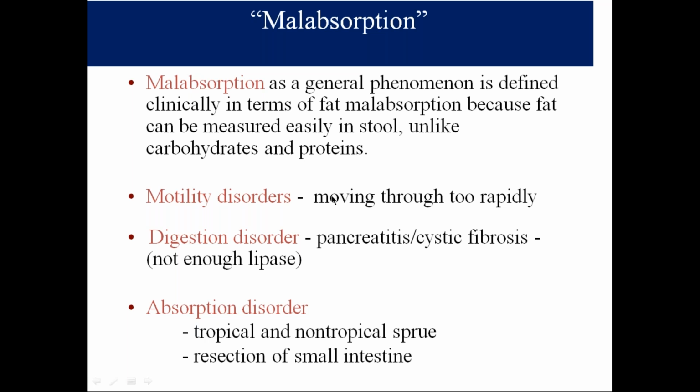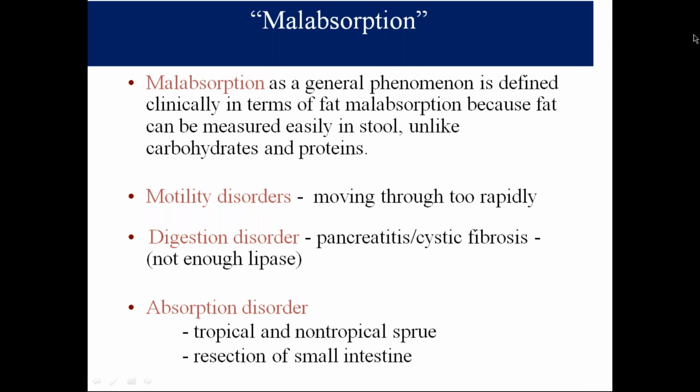So motility disorders, it is moving too rapidly through the GIT, so it leads to malabsorption. Digestion, there can be deficiency of specific enzymes which leads to the defect in the assimilation of that particular nutrient. Absorption disorder, there can be defect in the carrier proteins, the transport proteins for particular nutrient, and so it will not be absorbed, right?